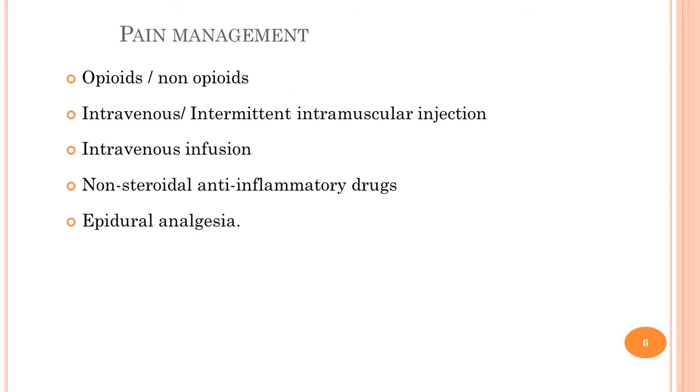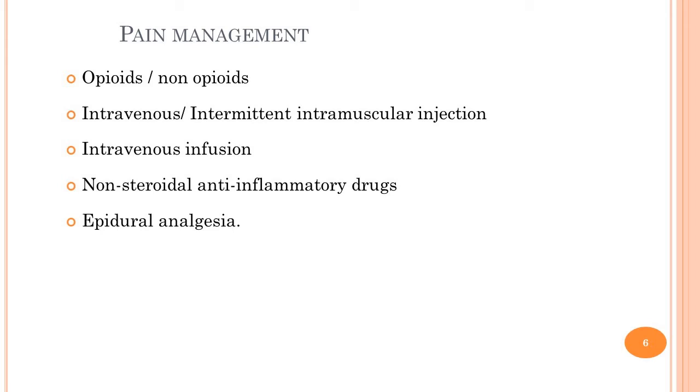Post-operative pain management is very important. In cases after general anesthesia, the patient may have severe pain, so in this condition one may require opioid analgesics. If the cases are under spinal anesthesia, because of the drug effect, they may not require opioid analgesics; rather, non-opioid drugs may be comfortable.